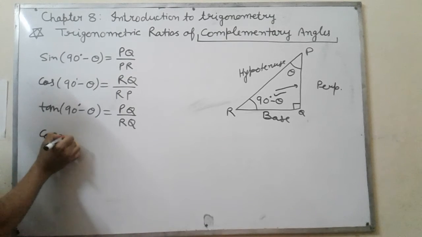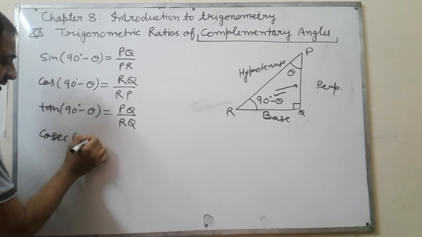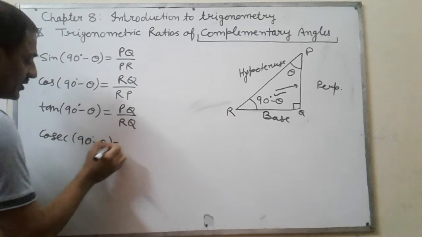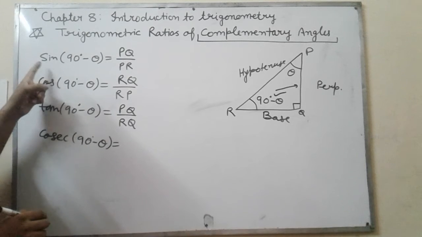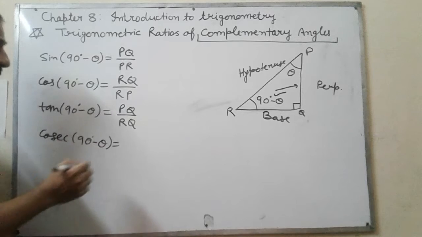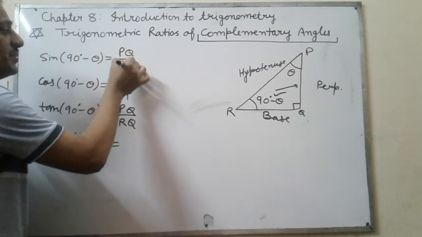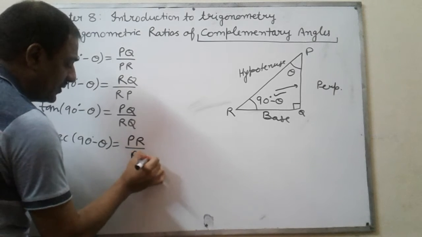And cosec 90 degree minus theta. As you know, cosec is the reciprocal of sine. If sine 90 minus theta is PQ upon PR, then cosec 90 minus theta will be the reciprocal, PR upon PQ.